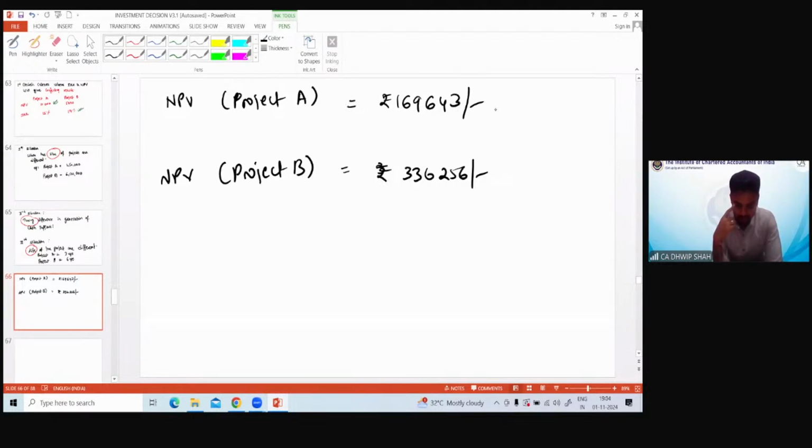So to calculate IRR, your trial 2 should be higher than 12%.